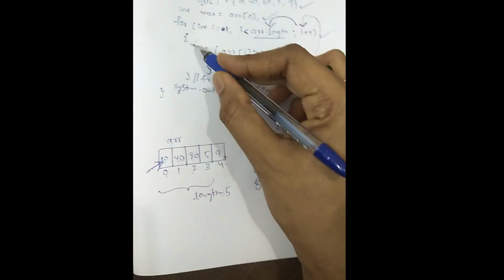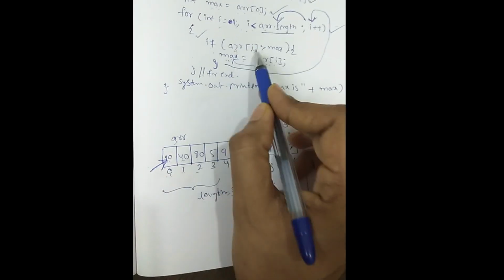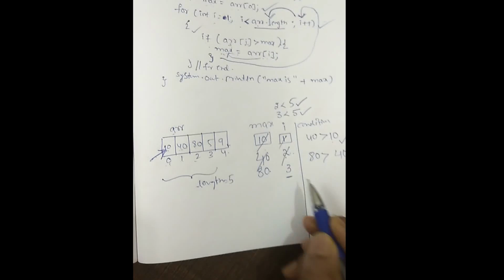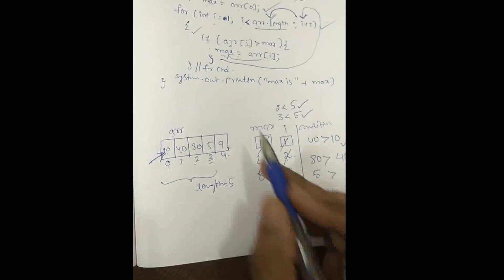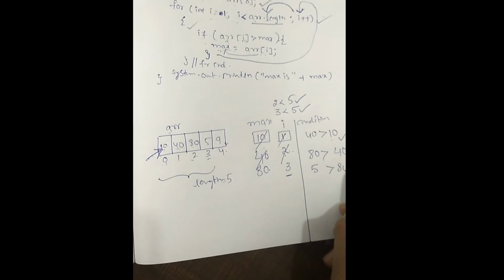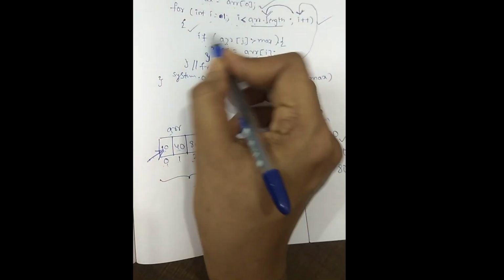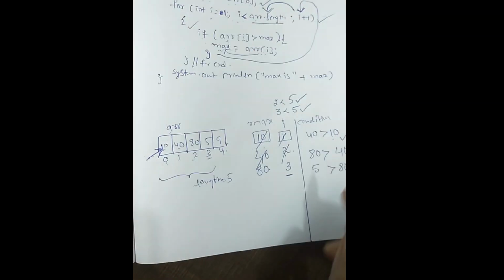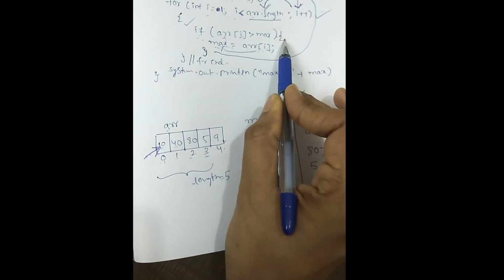Enter into the for loop, and next again the if statement. Array of i. What is the i value? 3. Array of 3, 5. 5 greater than max. What is the max value? 80. Condition not satisfied. So we skip the if block. We are not executing this step because the if condition failed.